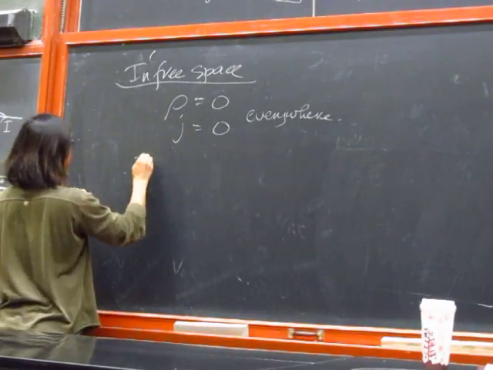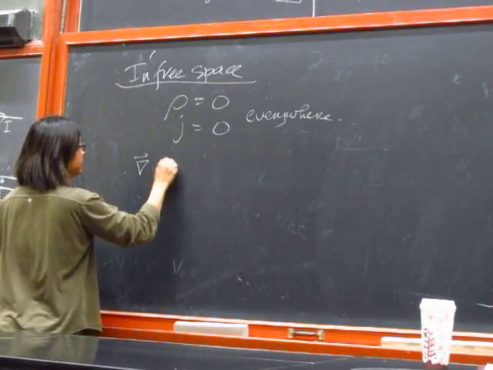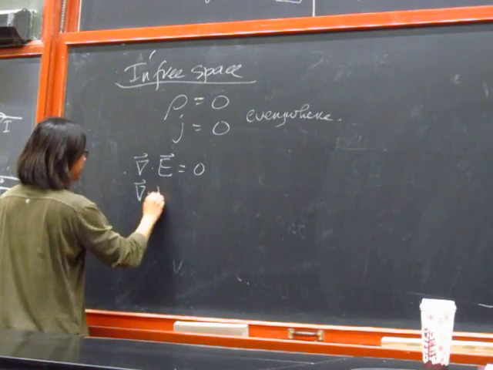Then what do I have? Look at the Maxwell equations again. Divergence of E is 0. Divergence of B is 0.